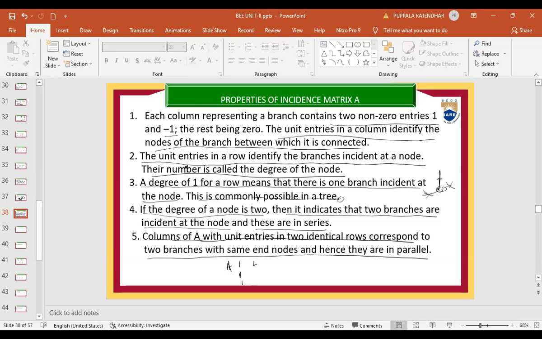We are having a unit entry, right, in 2 identical rows. So 2 branches with the same end nodes are connected in parallel.